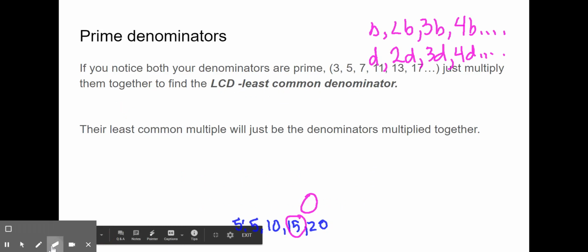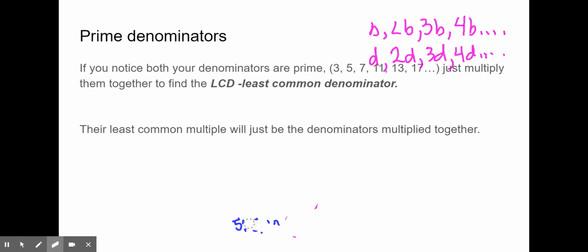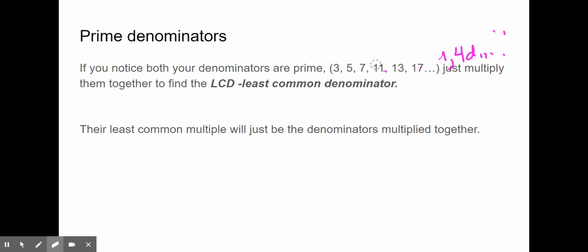Sometimes you have something called a prime denominator. That means there is a prime number in both denominators. The common prime numbers you're going to see in the denominators are 3, 5, 7, 11, 13, and 17.